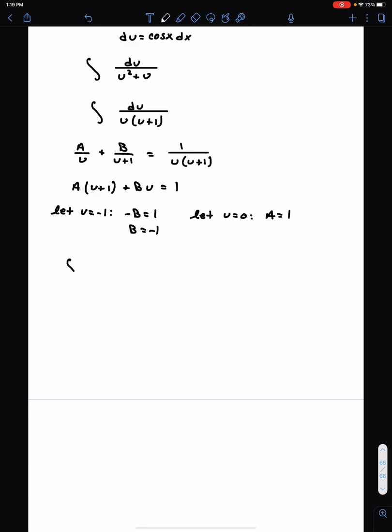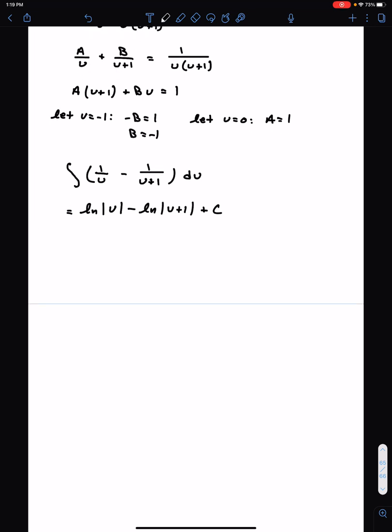So that integral will turn into a over u, so 1 over u, plus b over u plus 1, so minus 1 over u plus 1 du, which is natural log absolute value of u minus natural log absolute value of u plus 1 plus c.